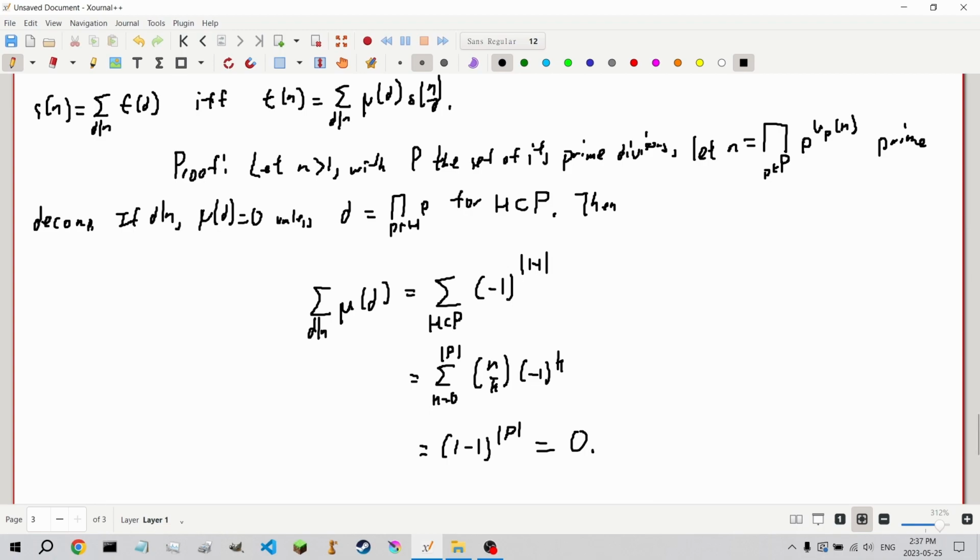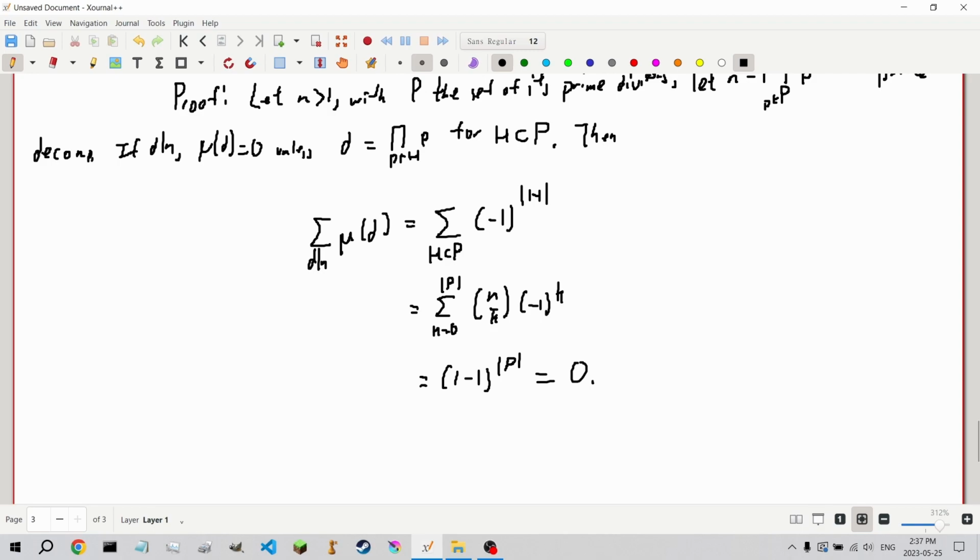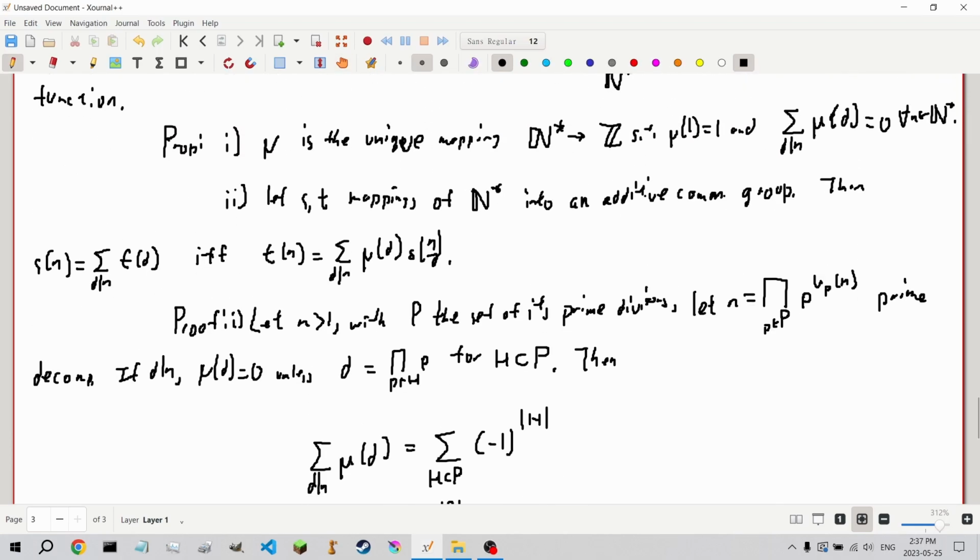Now, that's part 1. For part 2, showing it this way. We have S and T being mappings of N star into an additive group, satisfying this first equation.